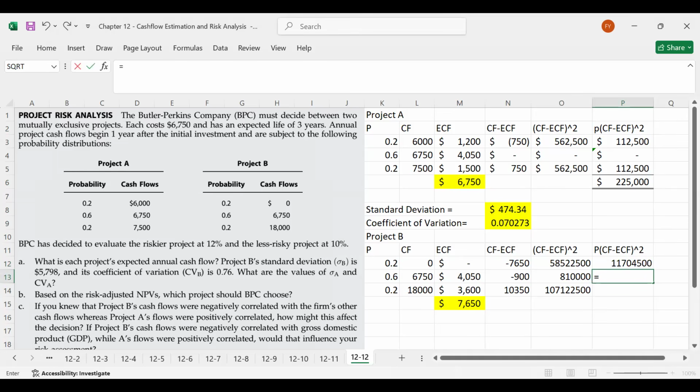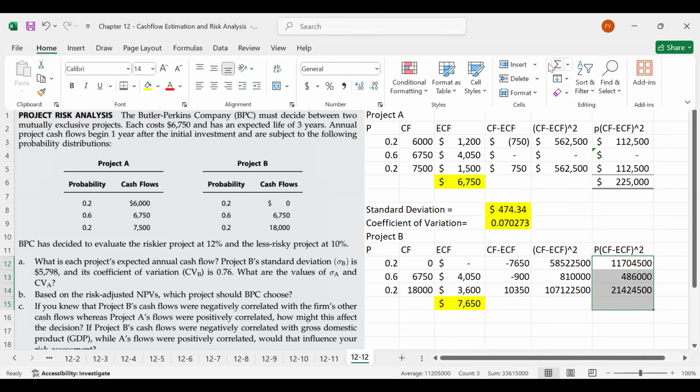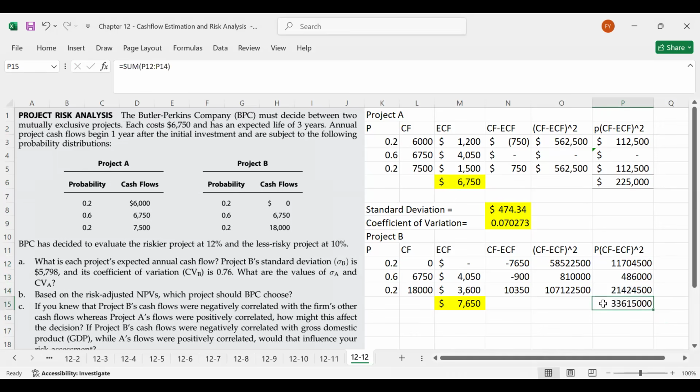In the second scenario, we have 0.6 multiplied by 810000, and in the last we have 0.2 probability, multiplied by 122,500. So now in the last step, add all of these or take the summation.